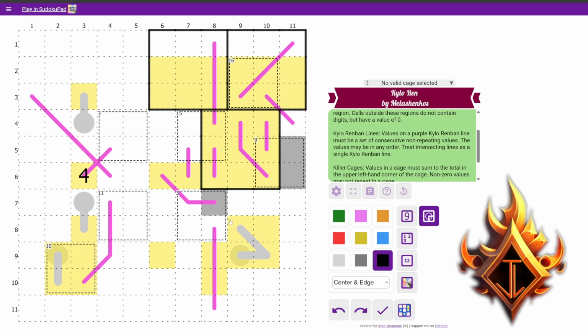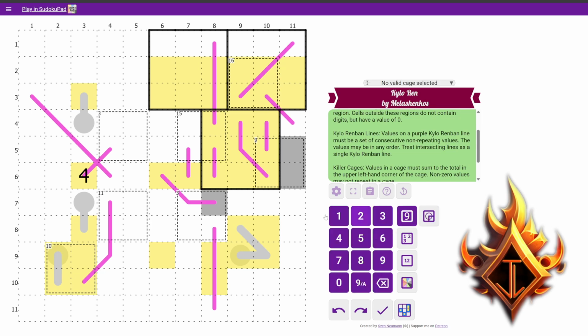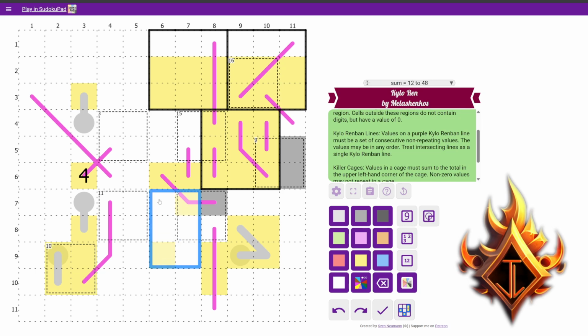And that cannot be gray, so that must be yellow. It could still be part of that. Does not have to be, though. This one could be gray also.